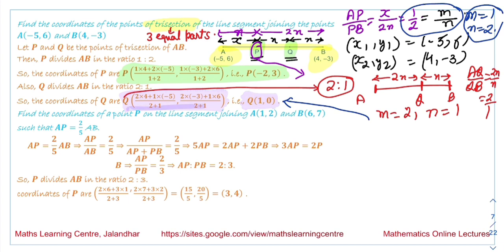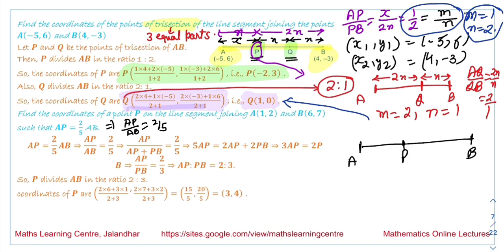Now the next question, we have 2 points A and B, they are given to us. So suppose this is the line segment, this is the point A and this is the point B, and we have to find a point P such that it is given AP is to AB is equal to 2 over 5.